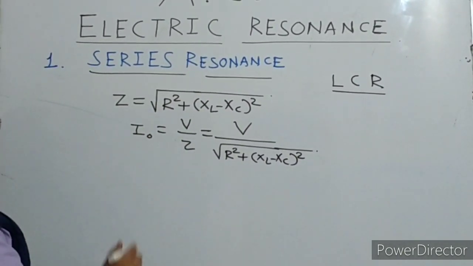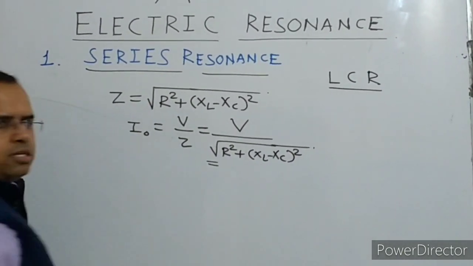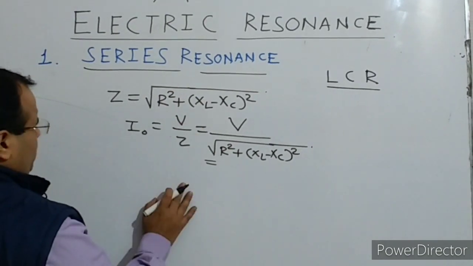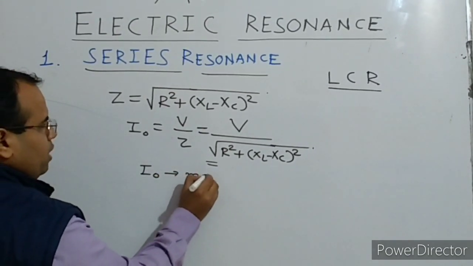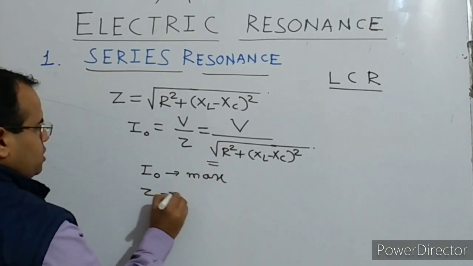Fine. Now you have to understand that the current would be maximum when Z is minimum.